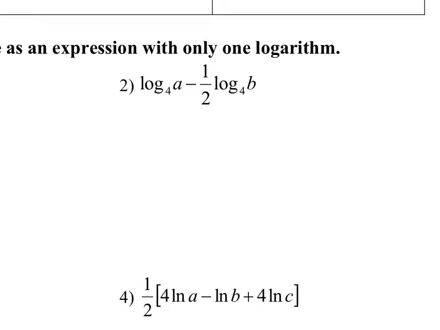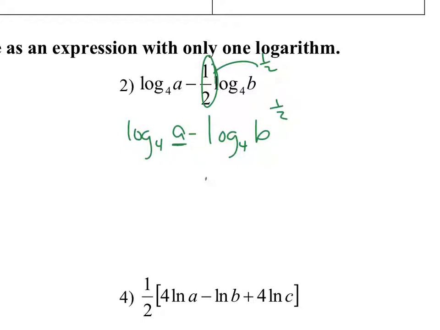So if we come over here, same idea. This 1/2 goes to the top, but this is subtraction this time. Since it's subtraction, the first one always goes on top, and the second one goes on the bottom. Only subtract two things at a time. That has to do with the whole negative exponent thing.